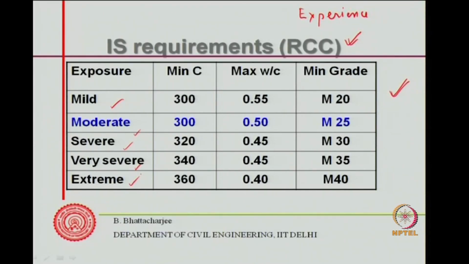IS 456-2000 has classified the exposure environment into these 5 classes, and correspondingly the prescribed minimum cement content, maximum water cement ratio and minimum grade of concrete are given in this table. This table is reproduced from IS 456-2000.